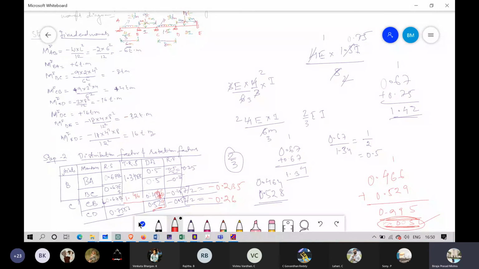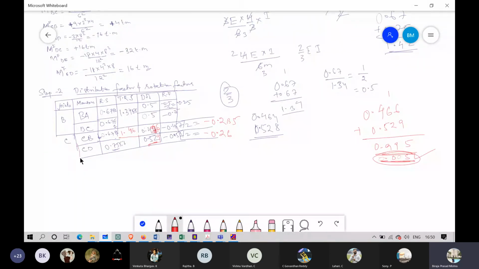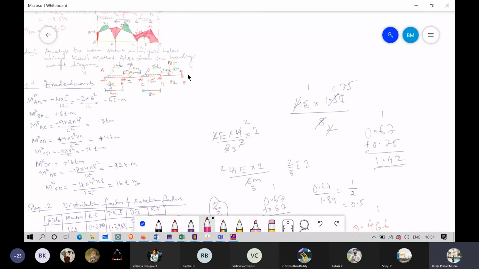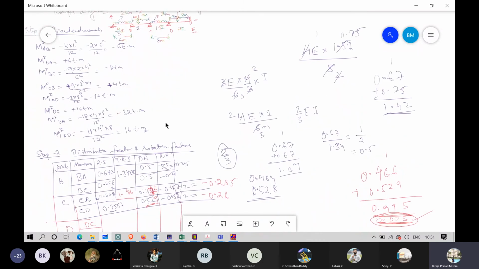Similarly, for joint D, it is DC and DE. DC is again 4EI by L, and DE is again 4EI by L, since E is a fixed end.